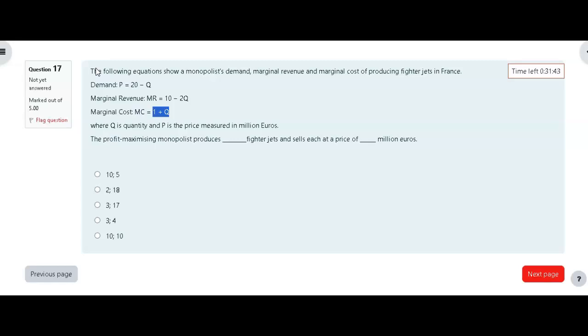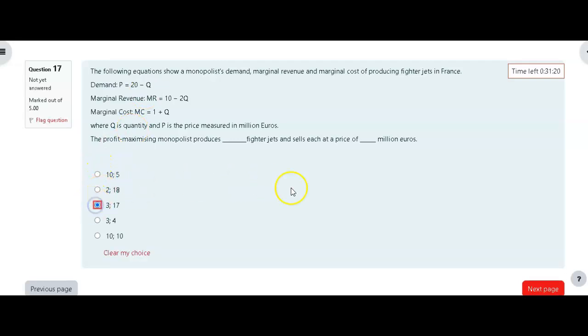Once you get that q, that intersection will be the first answer here. If you work it out, you should get q to be 3. Now once you get 3, you plug q as 3 into the demand curve. That'll get 17. So the answer is 3 and 17.